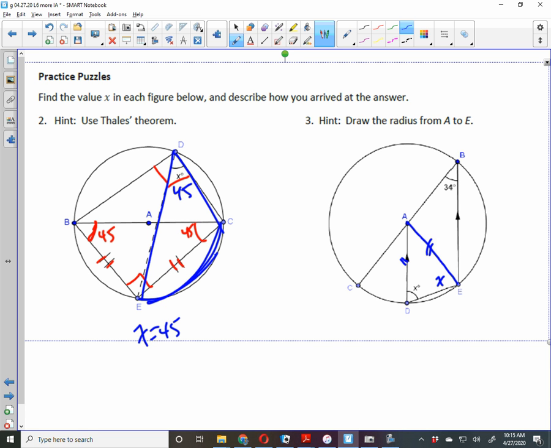If that's x, right, we know that the inscribed angle here intercepts this arc at 34. That means this here has got to be 68, right? So right there, 68 degrees total.